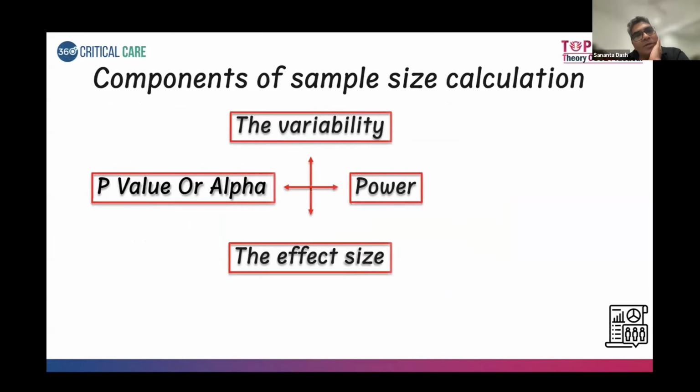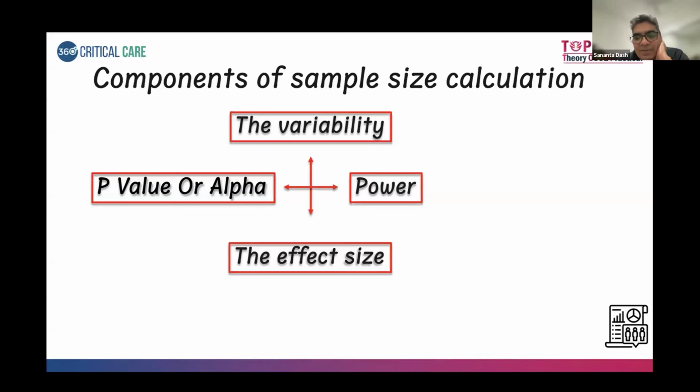Now, components of a sample size calculation. As I said, it depends on many factors. Predominantly, we look at 4 factors while calculating a sample size. First of all, the significance value or p value or alpha value, the power of a study that we want, the effect size of the study that we estimate, and the variability that has been observed.